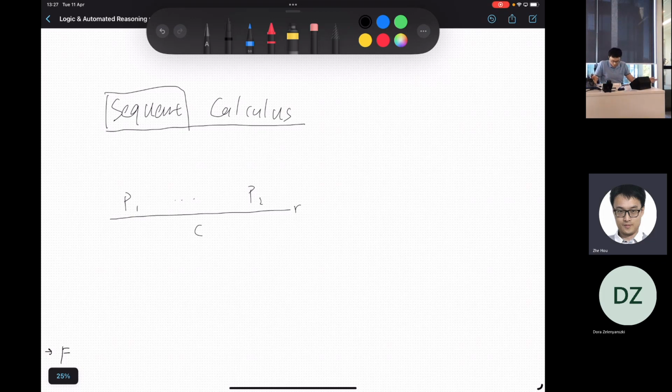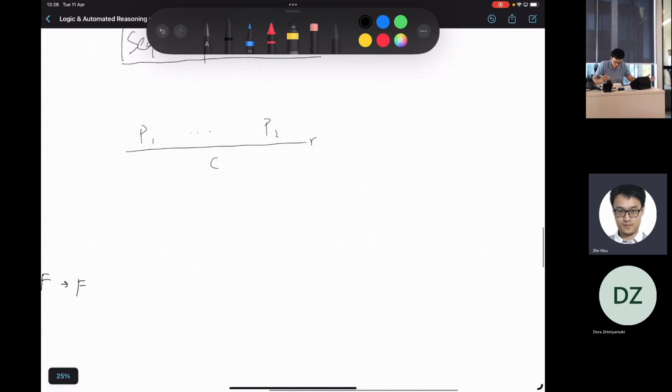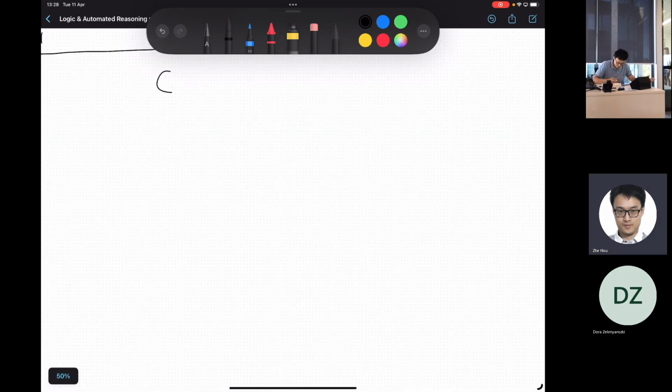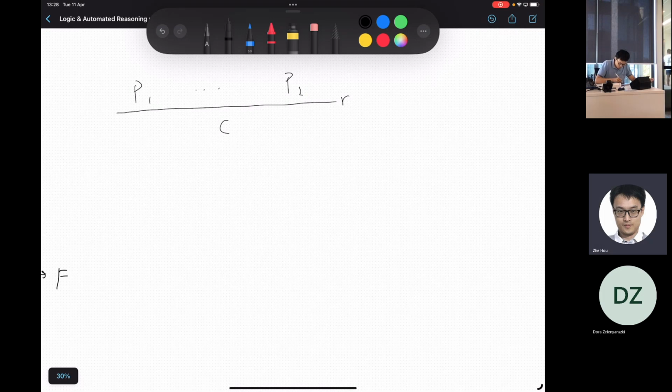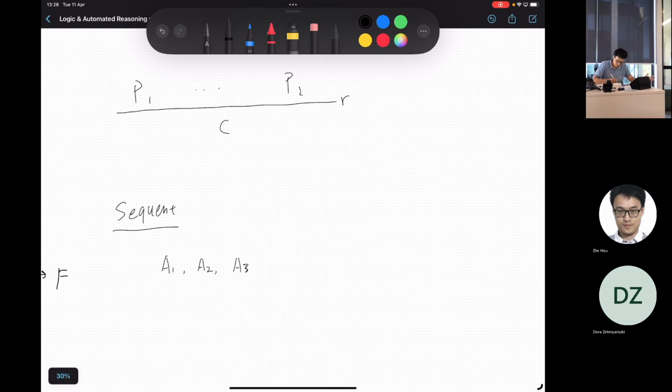Okay, so sequent. Now, a sequent has a little bit more than just a sequence of formulae. It's actually written in this format. Okay, so I'm going to write it this way. A sequent is defined as not one, but two sequences of logical formulae. So I would write A1, comma, A2, comma, A3, comma, ..., AN.